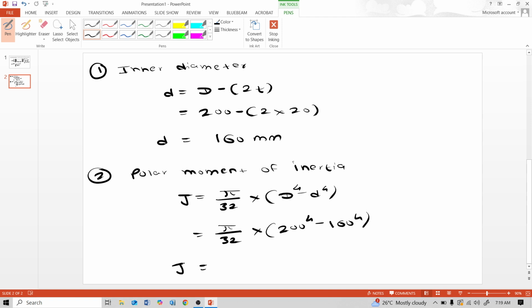So this polar moment of inertia is 200 raised to 4 minus 160 raised to 4, multiplied by pi divided by 32, which is 92.74 into 10 raised to 6.